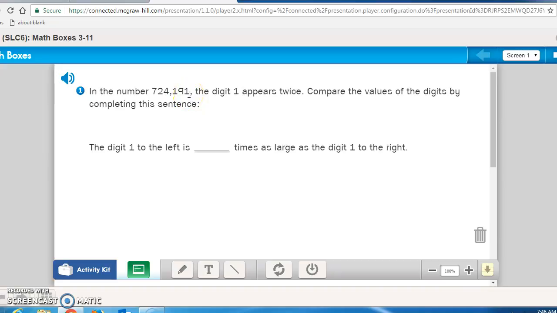How many times as large is the digit 100 compared to 1? Well, how does 1 become 100? You multiply it by 100. So it's 100 times, look at, there's the word times. So you're taking 1 times 100 to get it to go from the ones place to the hundreds place.